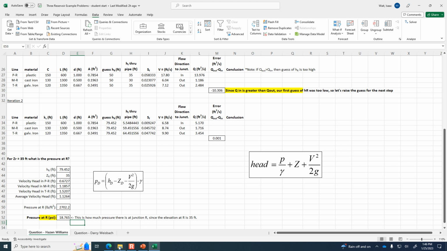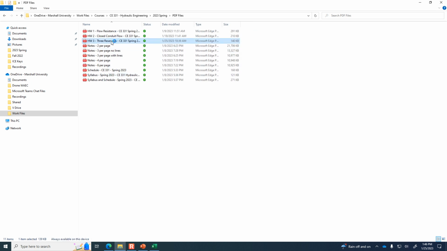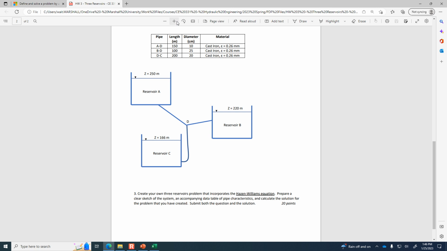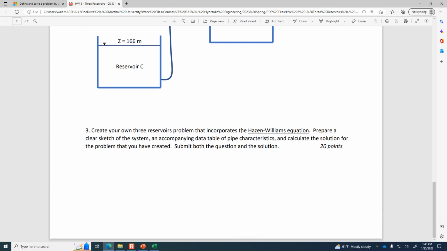If we look at the homework assignment that's due next week, problem 3 is create your own three reservoirs problem that incorporates the Hazen-Williams equation. Prepare a sketch, a table of pipe characteristics, and calculate the solution for the problem you've created.